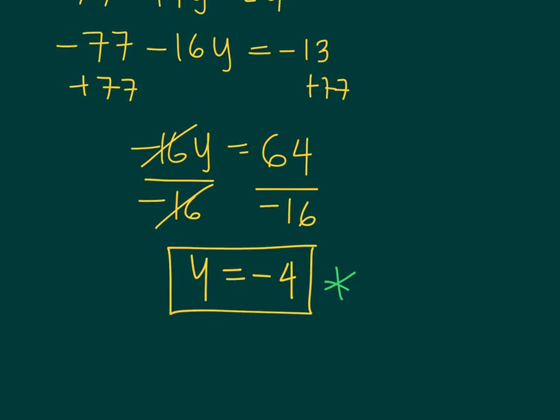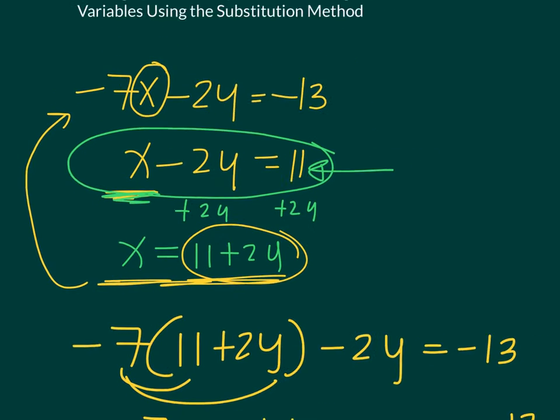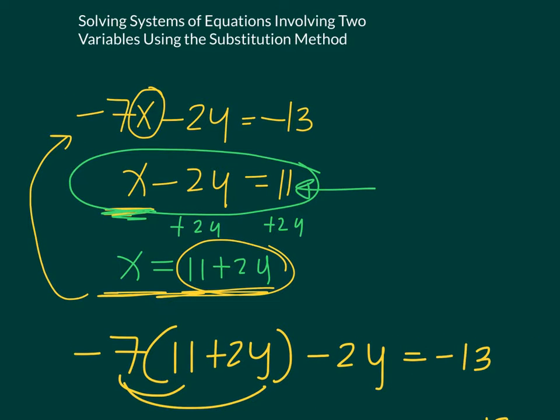And once you have one of the variables, all you have to do is go back here. Remember, we isolated the x and we have x equals 11 plus 2y. You will be reusing this in looking for the value of x.